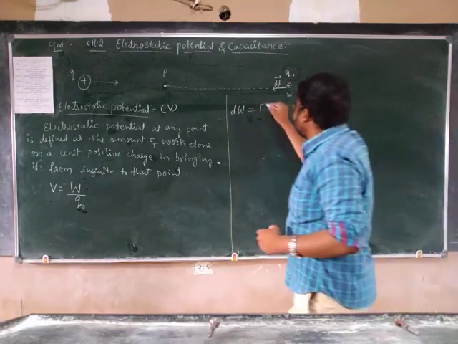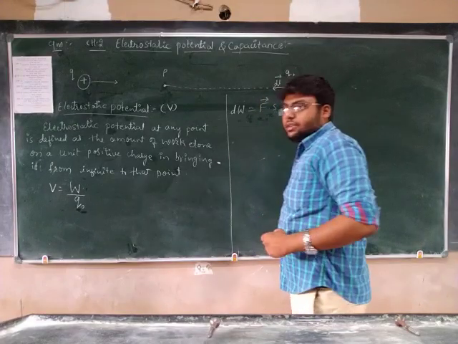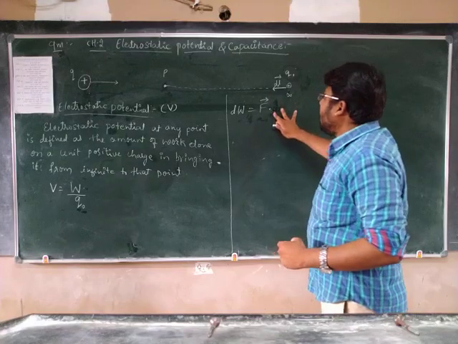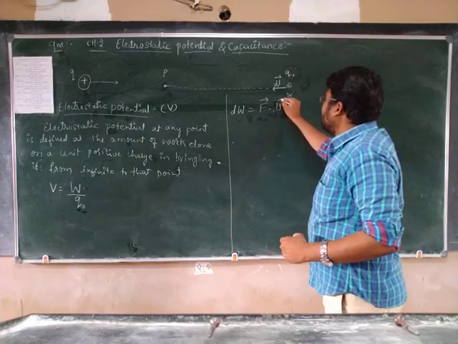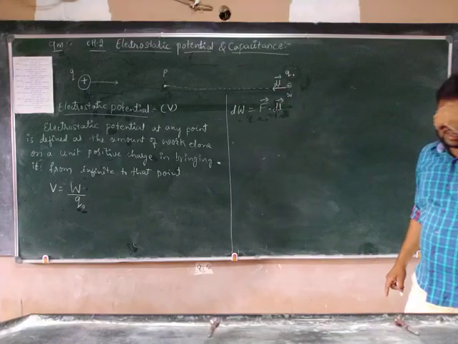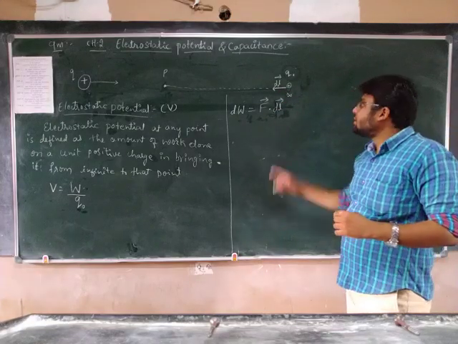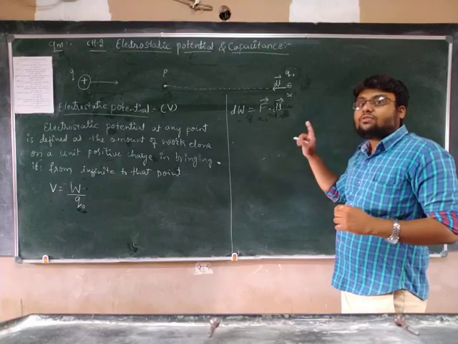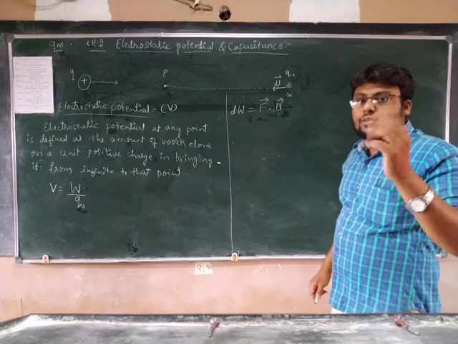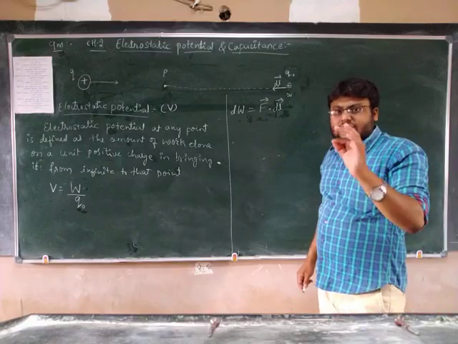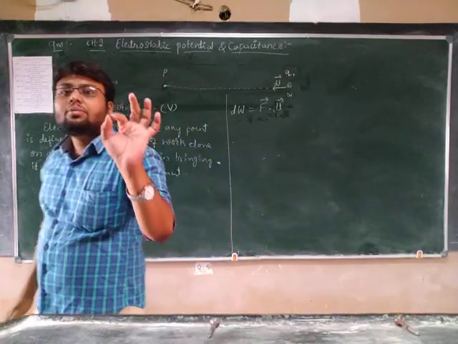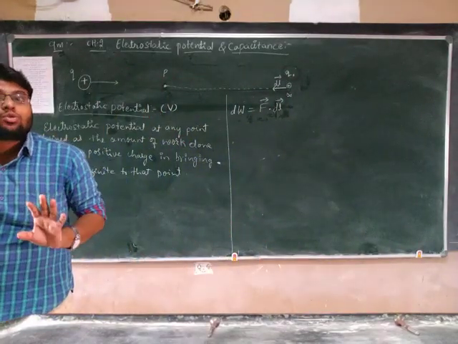Then I'll write F dot dl, instead of S I take dl, because the displacement is dl here. Already we know that E is equal to F by Q naught. E means electric field. In the first chapter we studied that the electric field is the electrostatic force acting per unit positive test charge, F by Q naught.